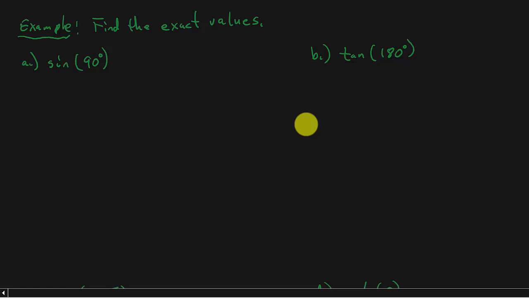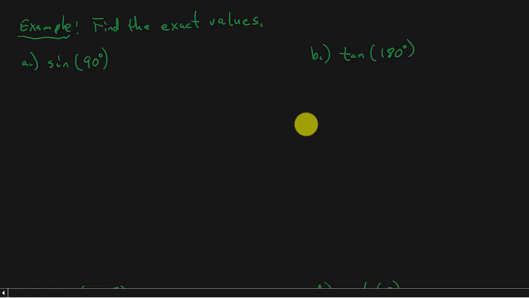Sine of 90, sine of 180, sine of 270, sine of 360, sine of 0. Those, you need to memorize those, okay? Something that's very important in trig is for you to remember the sine, cosine, and tangent of 0 degrees, 30, 45, 60 degrees, 90, 180, 270, and 360.